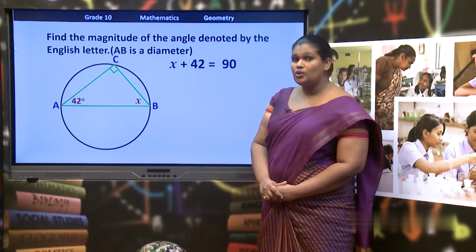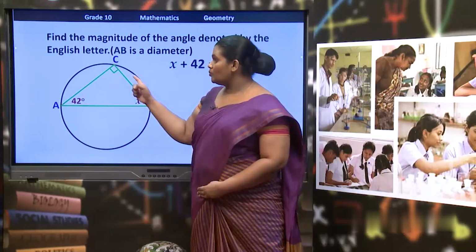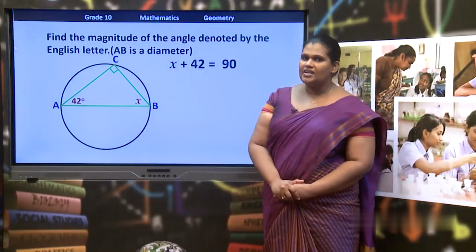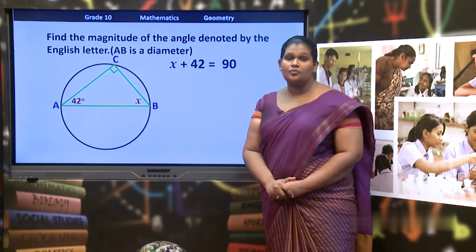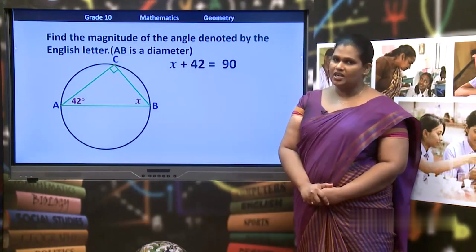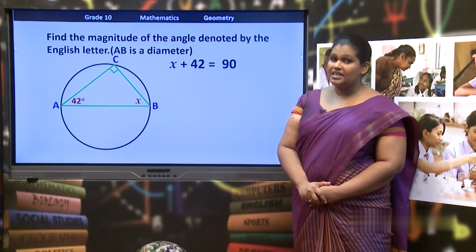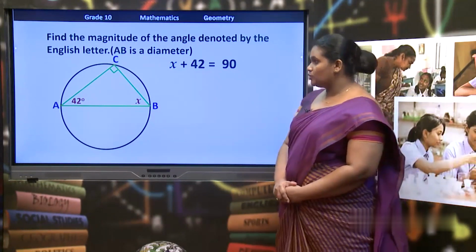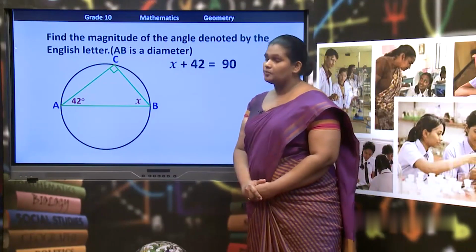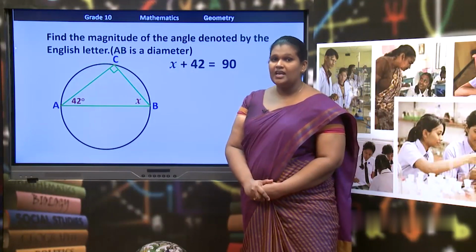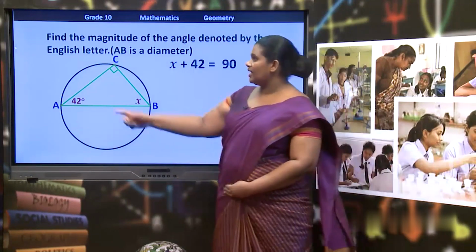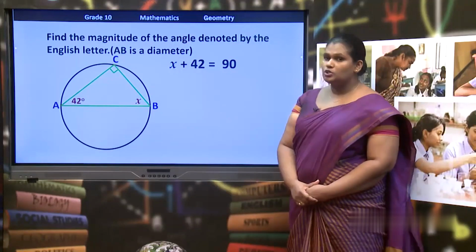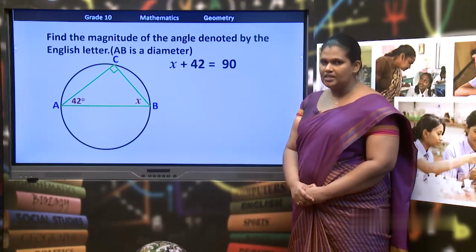Right. Now, we know the sum of these 3 angles should be equal to 180 degrees. The reason is the sum of the interior angles of a triangle is equal to 180 degrees. Therefore, we can say 42 degrees plus 90 degrees plus x is equal to 180 degrees. Since ACB is 90 degrees, we can say x plus 42 degrees is equal to 90 degrees.